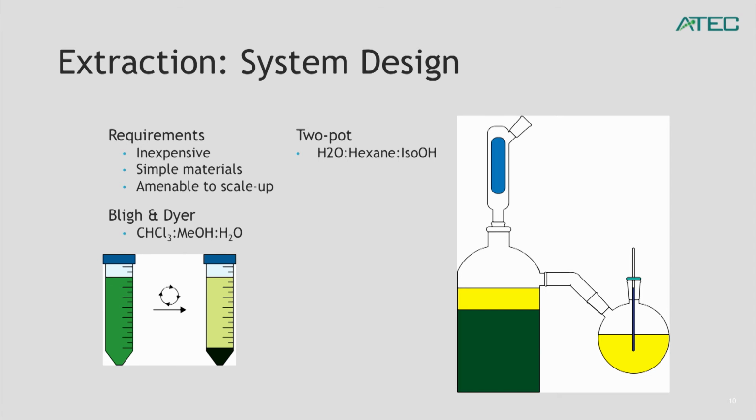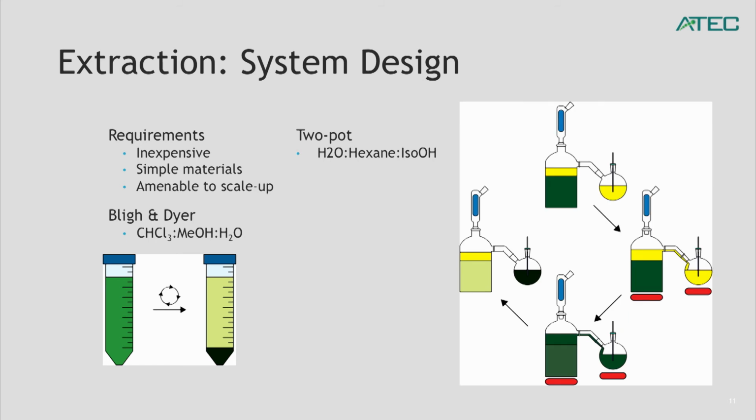And then as those lipids are being removed from the algae biomass, they will flow over into that pot on the right, where they would be stored. And also on the right, that would also be heated up so that both systems would be in a reflux, and we would have a continuous movement of those lipids from the left pot to the right.